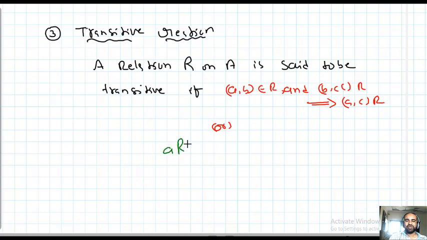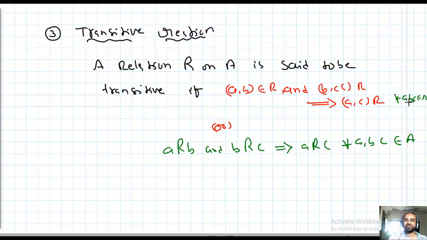In other words, A related to B and B related to C implies A related to C, for every A, B, C belonging to A. Such a relation is called a transitive relation.